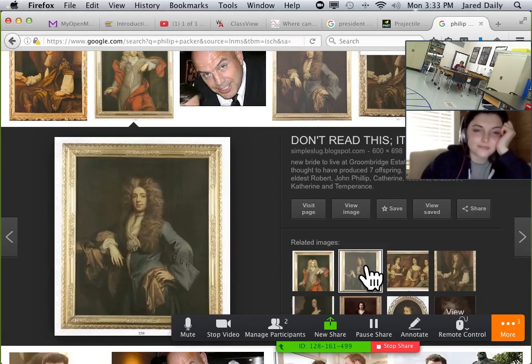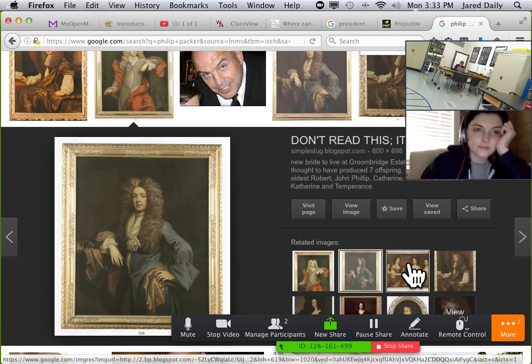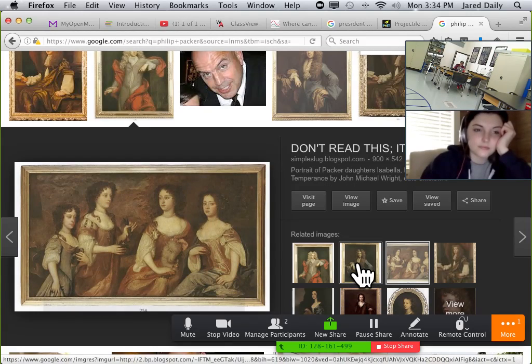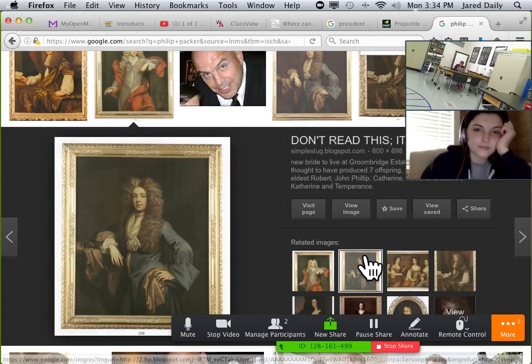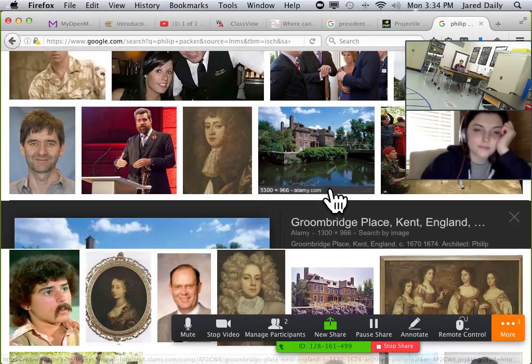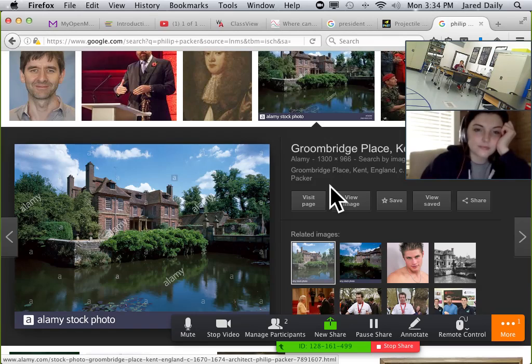There is actually a father and a son. Your projector's not on. Oh, my projector is not on, is it? Sorry. There's his daughters. He had a whole bunch of daughters, and he had a son. Actually, the son had daughters, or something, I can't remember. But he lived at Groombridge Estate, which is a really cool place. I'll show you. This is our family castle in Kent, England. It has a moat and a bridge across the moat and everything.